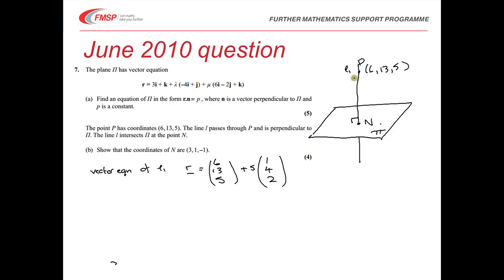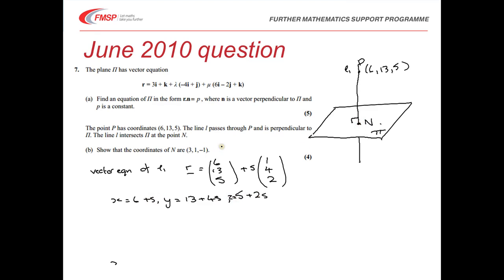Okay, so this means that a general point on our line here, L1, has got x coordinate 6 plus s, has got y coordinate 13 plus 4s, and has got z coordinate 5 plus 2s. So as we vary s, we'll pick up all the points on this line. Now we're trying to work out what value of s actually gives us n here.